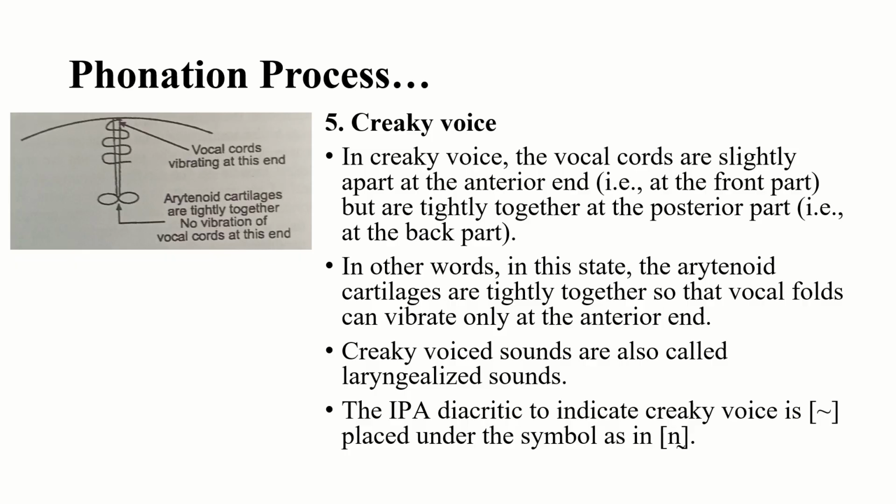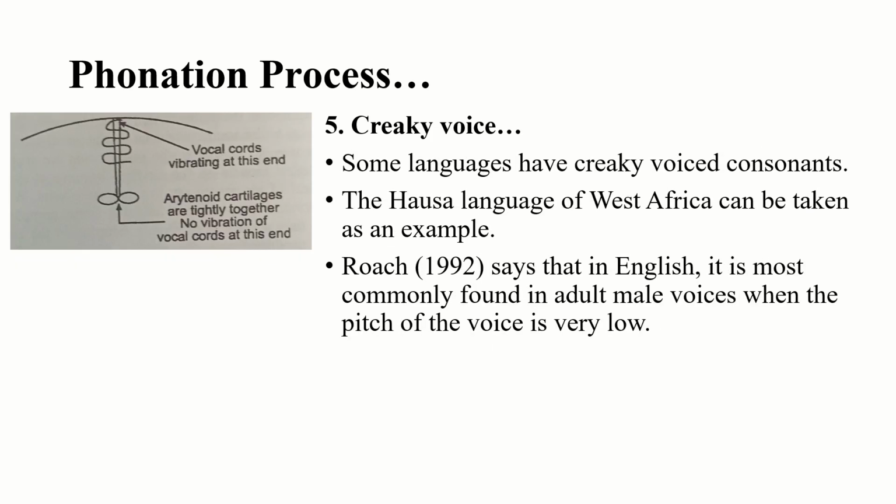Creaky voiced sounds are also called laryngealized sounds, and the IPA diacritic to indicate creaky voice is this. Okay, this type of diacritic, as you have seen here, is used under the symbol. Later, in the next topic, we discuss the IPA diacritics, which will make you more clear about it.